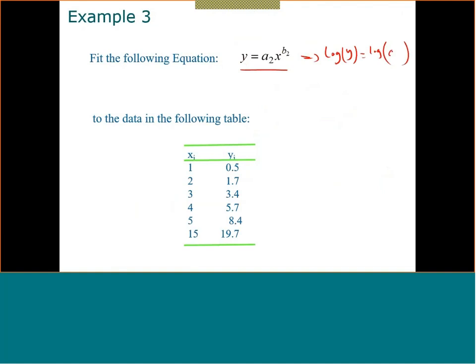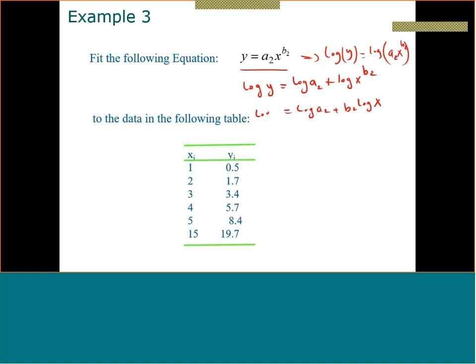So this becomes log y equal to log of a2 plus log of x to the power of b2, which becomes log of a2 plus b2 log of x. So this is my equation.